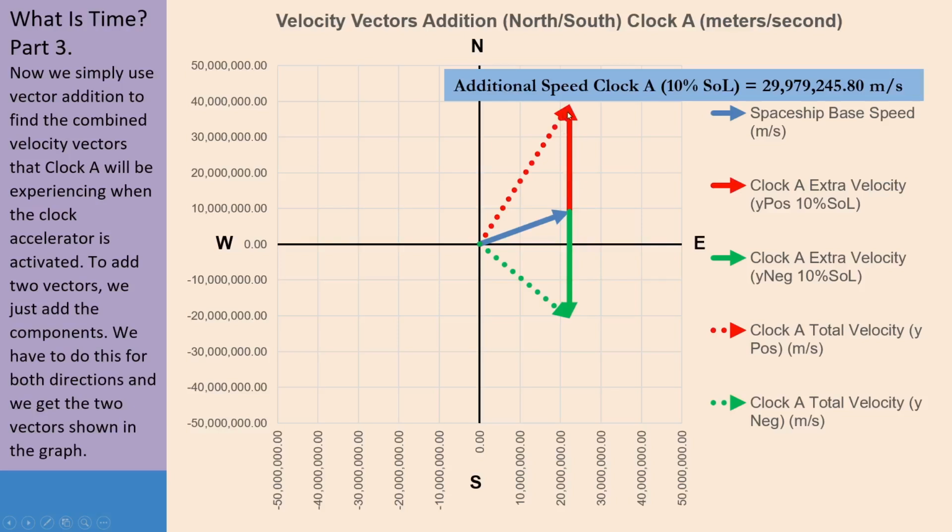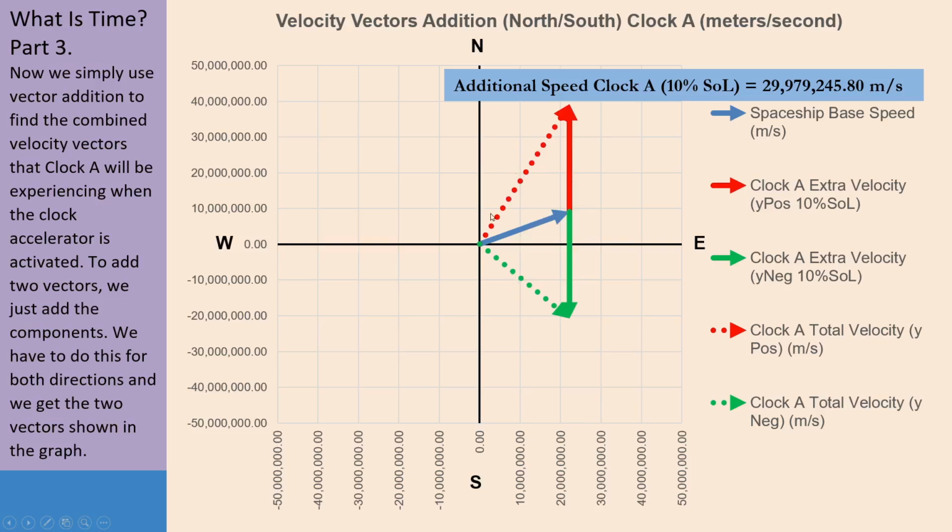We have the north velocity vector and the south additional velocity vector. And we add those to the base velocity vector of the spaceship, which is this blue velocity vector. And we come up with two new vectors, the total for the blue and the green, and the total for the blue and the red, right there.